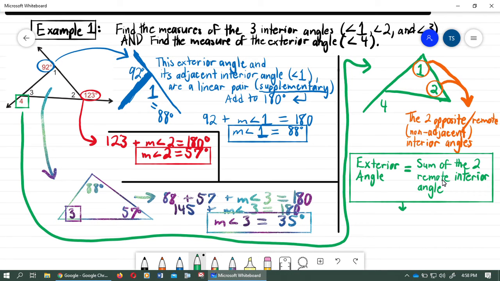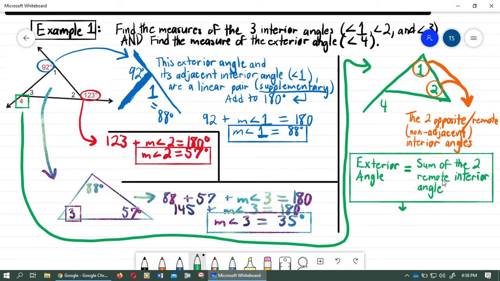We discussed this earlier in this lesson: the measure of the exterior angle is equal to the sum of the two remote interior angles.